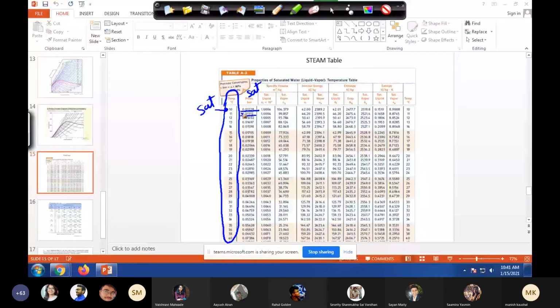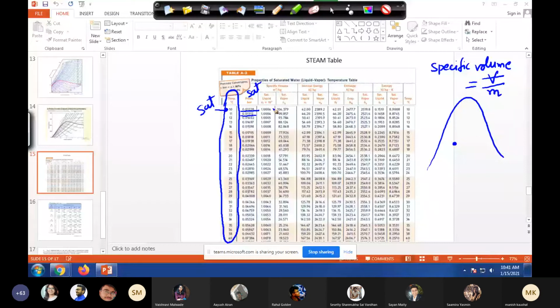And then, as I told you, in that liquid-vapor regime, if you mark a point, it's a mixture of both vapor and liquid. So you have to know the specific volume. We'll talk in terms of specific thermodynamic properties. Specific volume is nothing but the total volume divided by the total mass of the system.